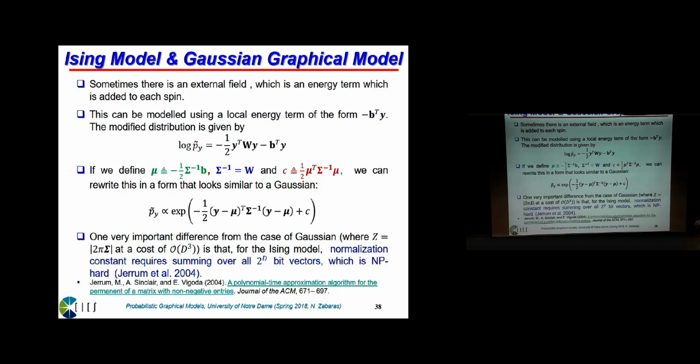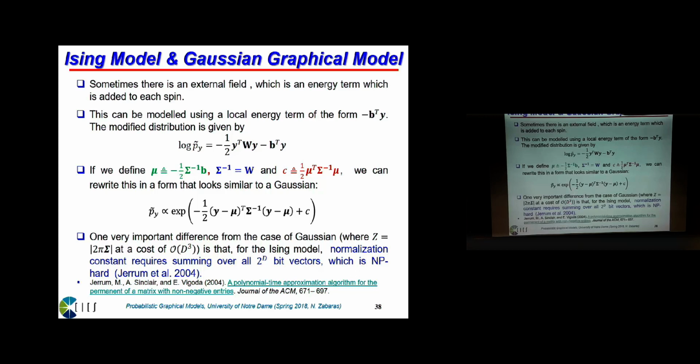Here's a complication. In a multivariate Gaussian, we mentioned the normalization is a problem for the Ising model. So if somehow we can turn this problem into a Gaussian, we know the normalization actually is very easy, because the normalization for a Gaussian is the determinant of 2 pi sigma.